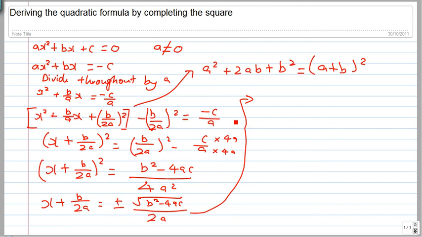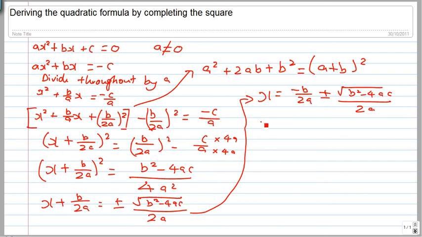Now I shall shift b over 2a to the right hand side of the equation. So x equals minus b over 2a plus minus square root of b squared minus 4ac over 2a.